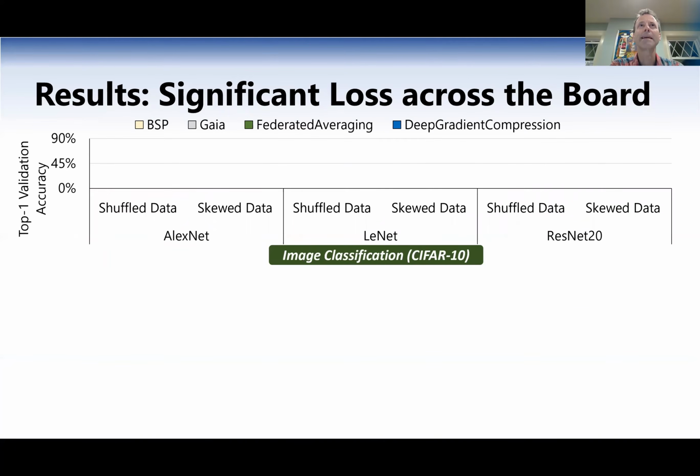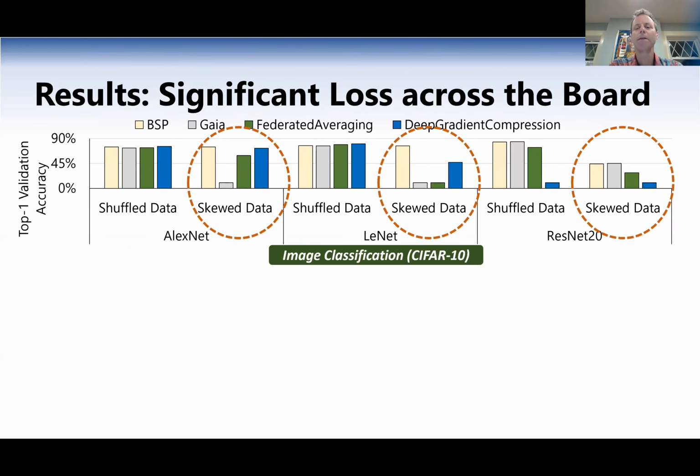We've also looked at taking well-known data sets and synthetically partitioning them across the 5 partitions and measuring how well the different models do. So on the CIFAR-10 data set, for instance, we have 3 different models: AlexNet, GoogLeNet, and ResNet20. On the left of each of these is the shuffled data, so it's perfectly IID among the workers.